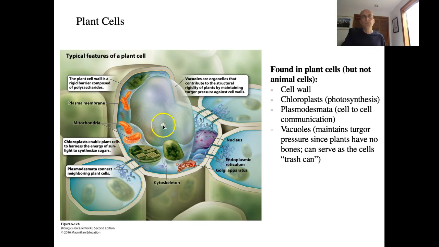So filling this central vacuole with liquid allows the plant to be turgid, to be upright.